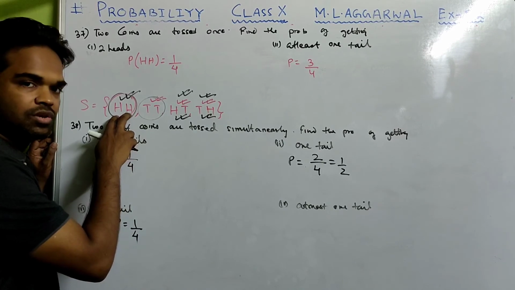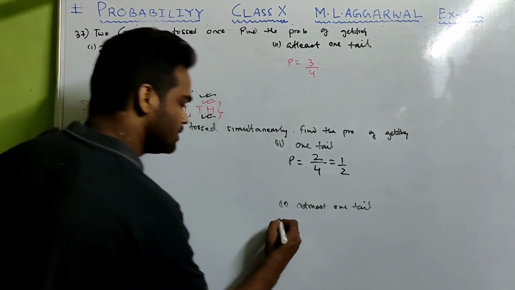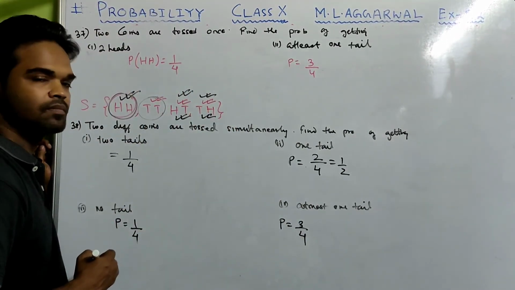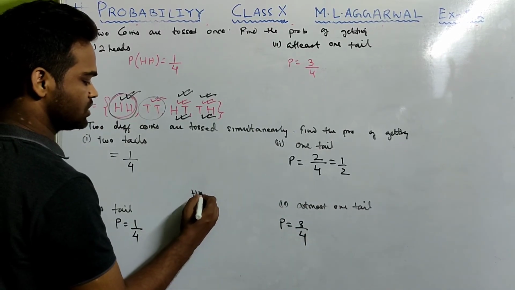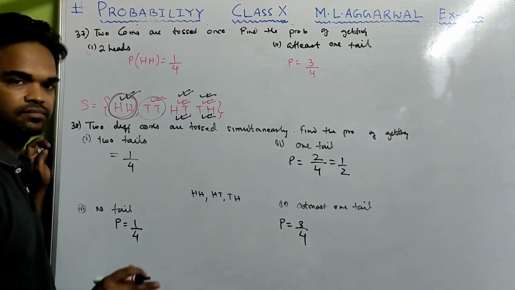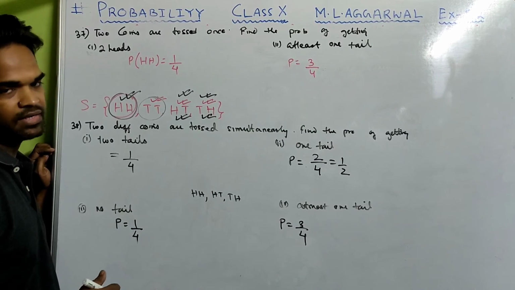Even if there is no tail, that will also be considered as our outcome, which means 3 out of 4 outcomes. Done. See, at most 1 tail means HH, HT, TH. Remember this.